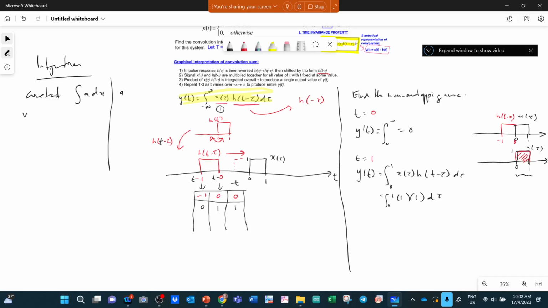For a variable, integration of x dx is x squared over 2. In the video dia dah bagi kan how you actually get this. So for example, if it's x squared, what do you get?